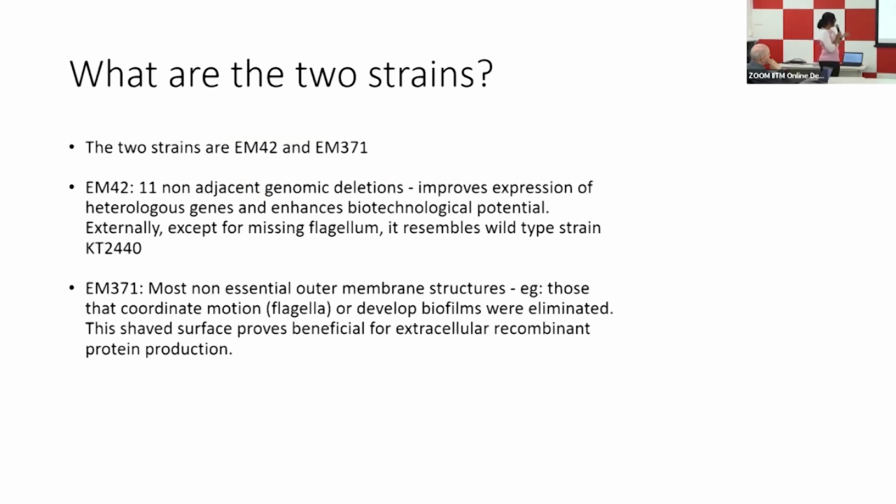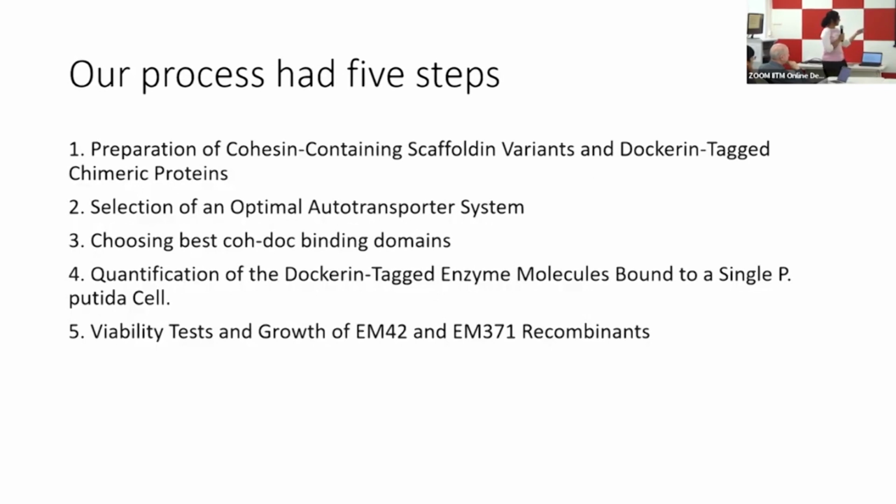However, EM371 has a shaved surface where all the external membrane structures are eliminated, including the flagella and structures for developing biofilms. Our hypothesis is that the shaved surface proves beneficial for extracellular recombinant protein production. Let's see if that's actually the case.